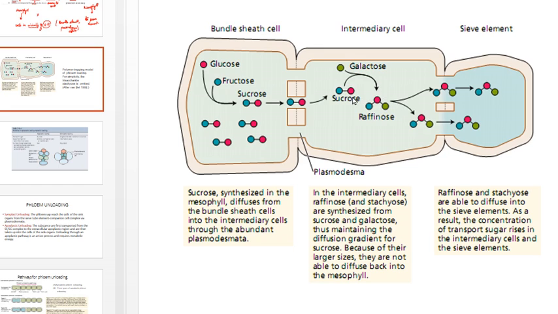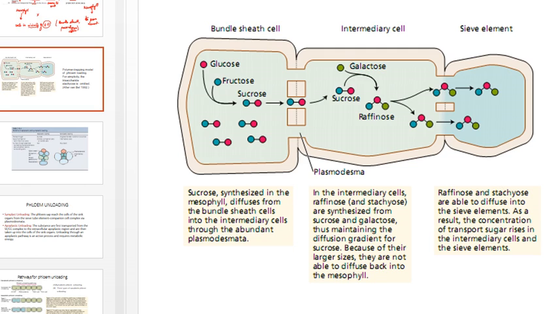From the intermediary cell, these raffinose and stachyose are able to diffuse into the sieve element. They are able to diffuse forward, but not backward due to their larger size. As a result, the concentration of sugar rises in the intermediary cell and the sieve element. This is known as the polymer trapping model.